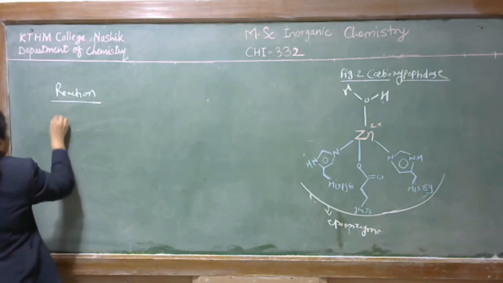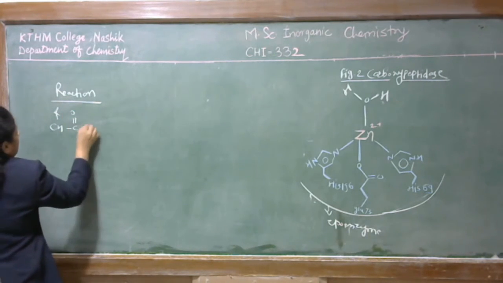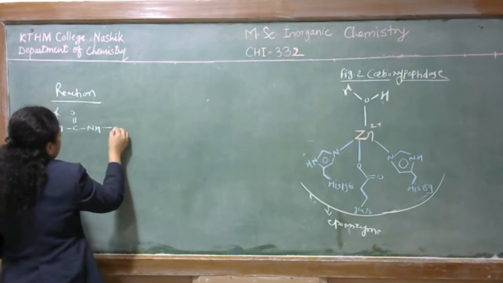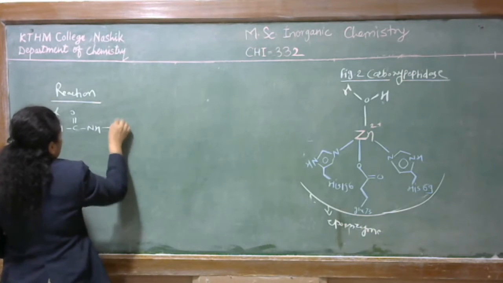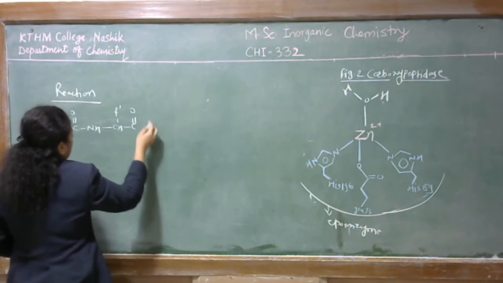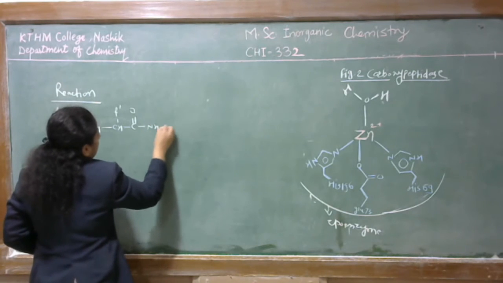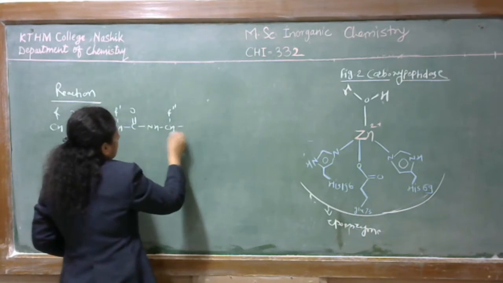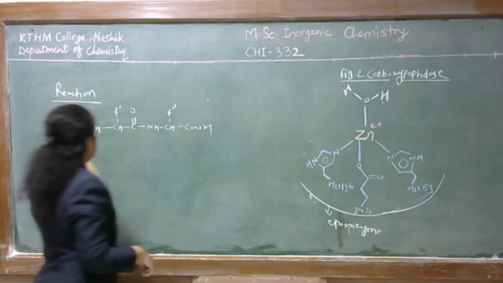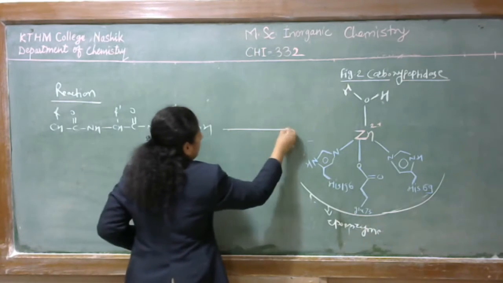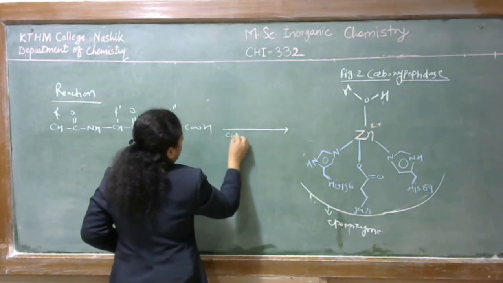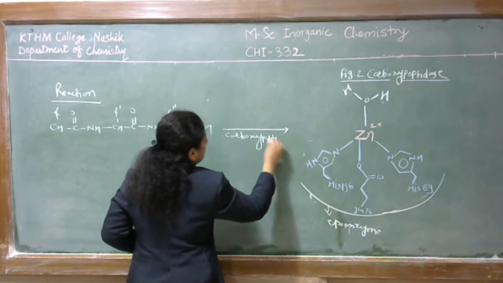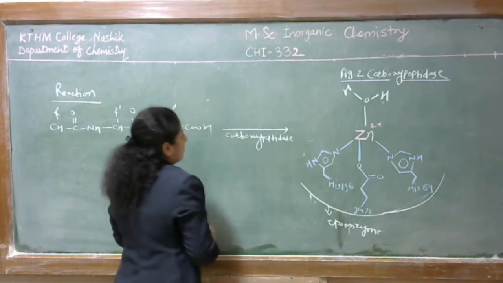In the reaction, this is a polypeptide chain and it will be hydrolyzed, and there is a formation of stable product. This is a polypeptide chain. In that, if we use carboxypeptidase as an enzyme, then what happens?